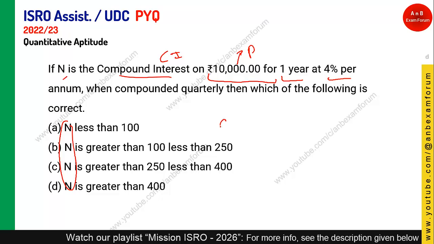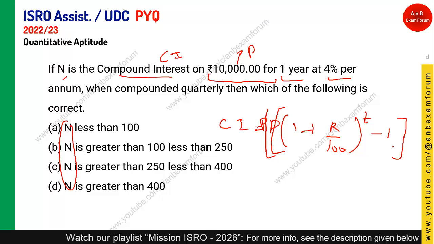So the formula, as you know, compound interest is what? P into 1 plus r by 100 to the power of time duration. And since this is the formula of amount, if we subtract, sorry, this should be here, sorry for my writing, minus P. So you are basically subtracting principal from the amount. Okay, just put the values.